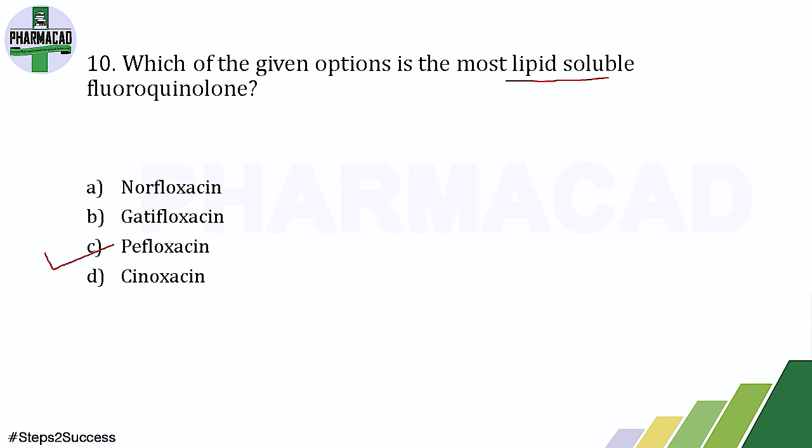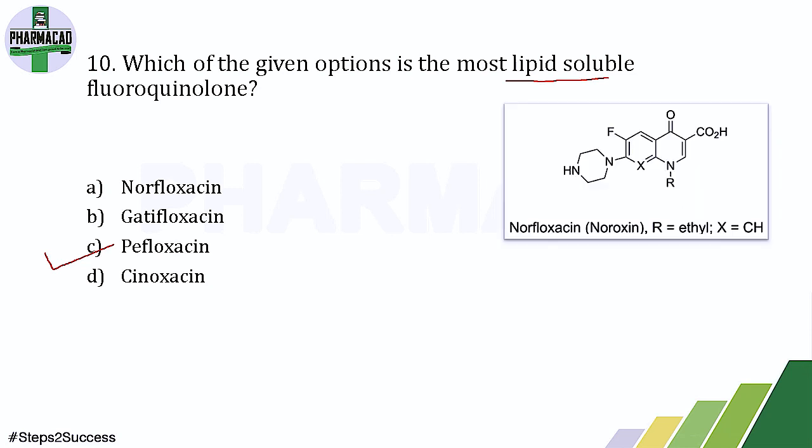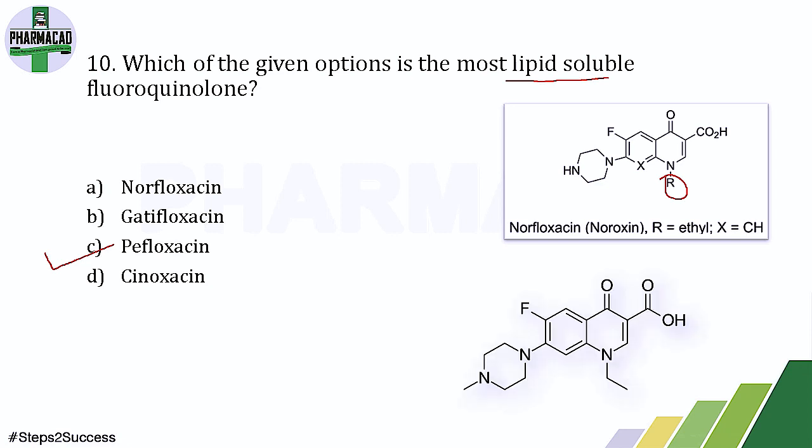So what is the reason for its highest lipid solubility? We have the structure of norfloxacin, and here R is the ethyl group. But we have one more derivative of norfloxacin, that is pefloxacin, and this is the structure for pefloxacin.